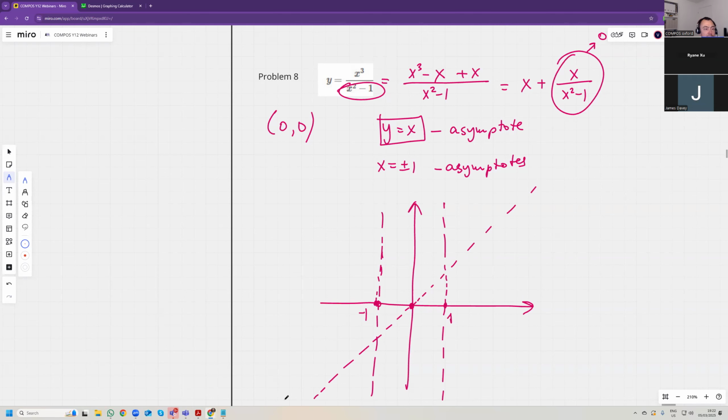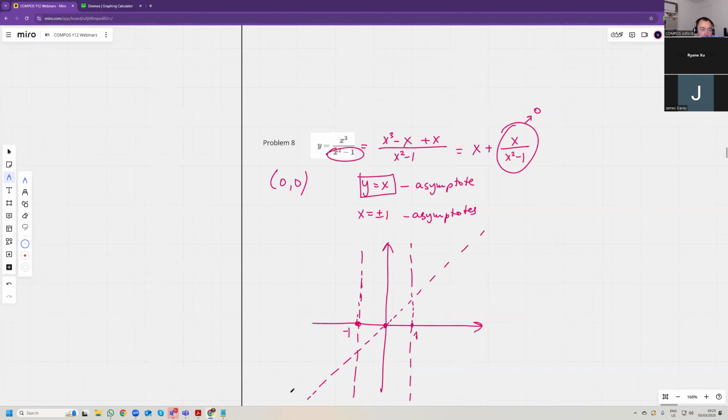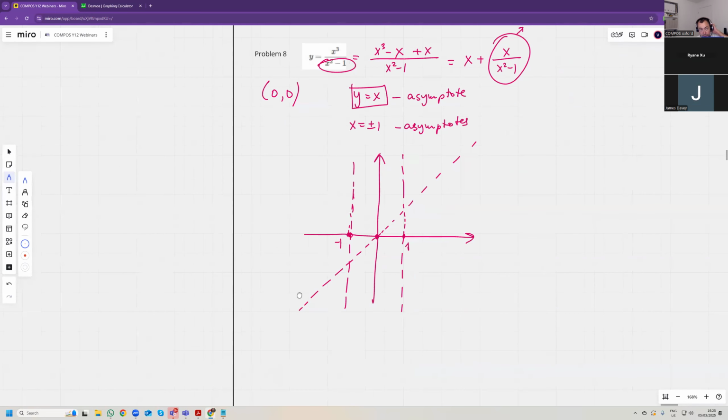Now, if the function is positive, it is positive. So it has to be like this. And here it has to be like this. You can use calculus to find the minimum and maximum. And in the middle, well, it's actually going to be like this.